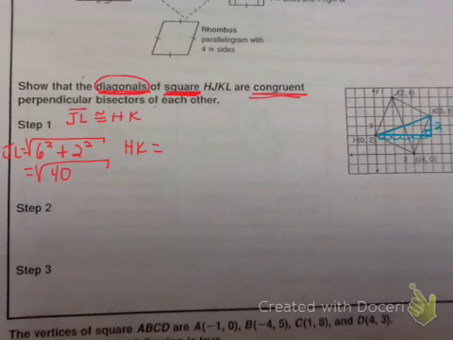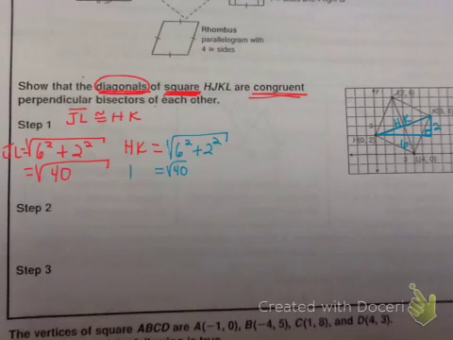This one is again 6. And we can find HK using the Pythagorean theorem again, because HK is the hypotenuse. So we write HK equals the square root of leg squared plus leg squared. And we get the exact same thing, or the square root of 40.